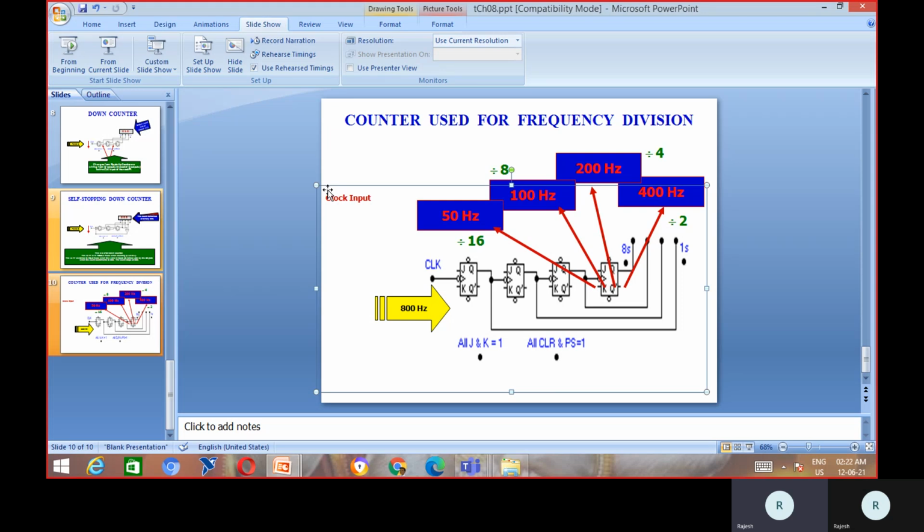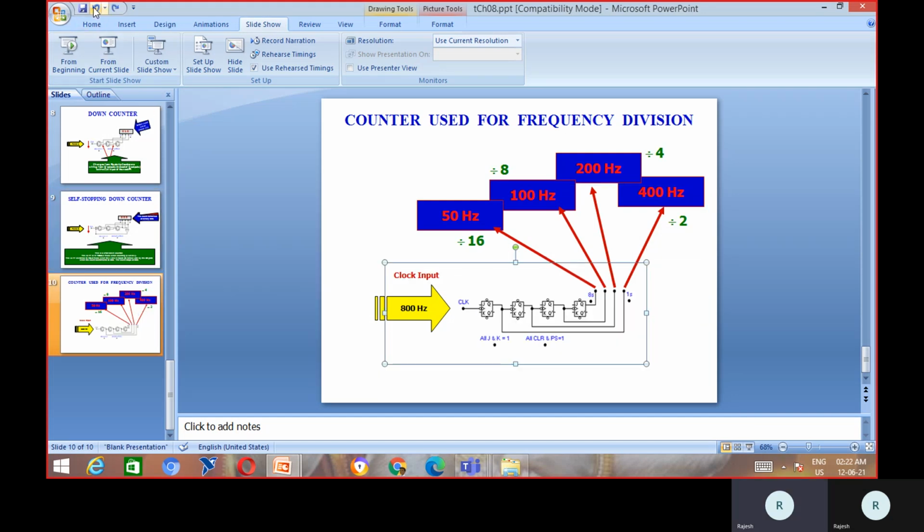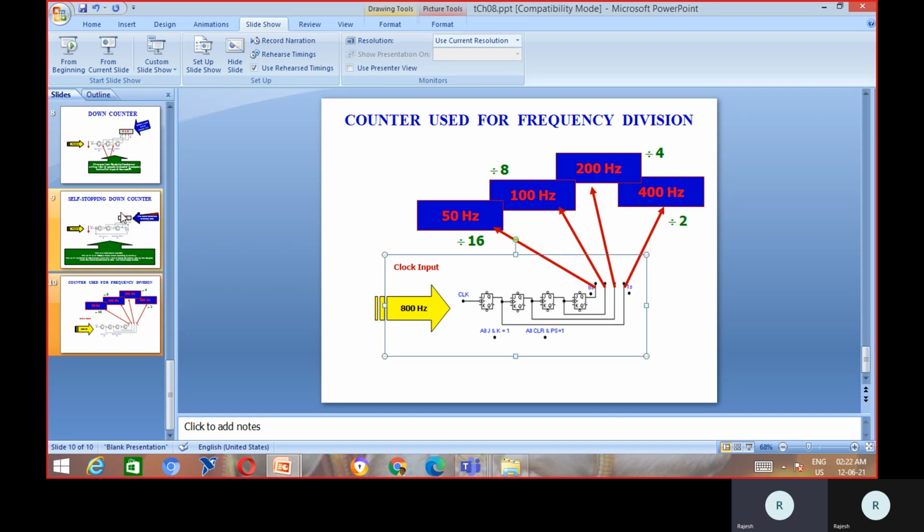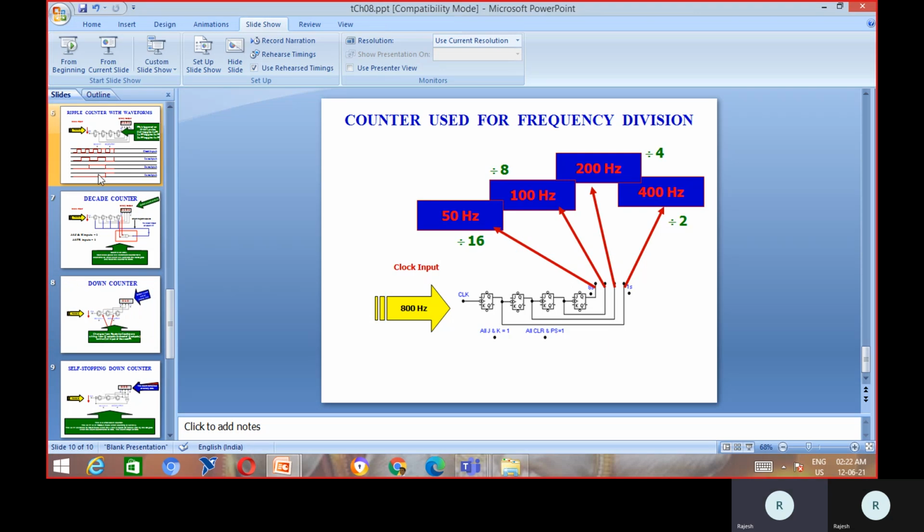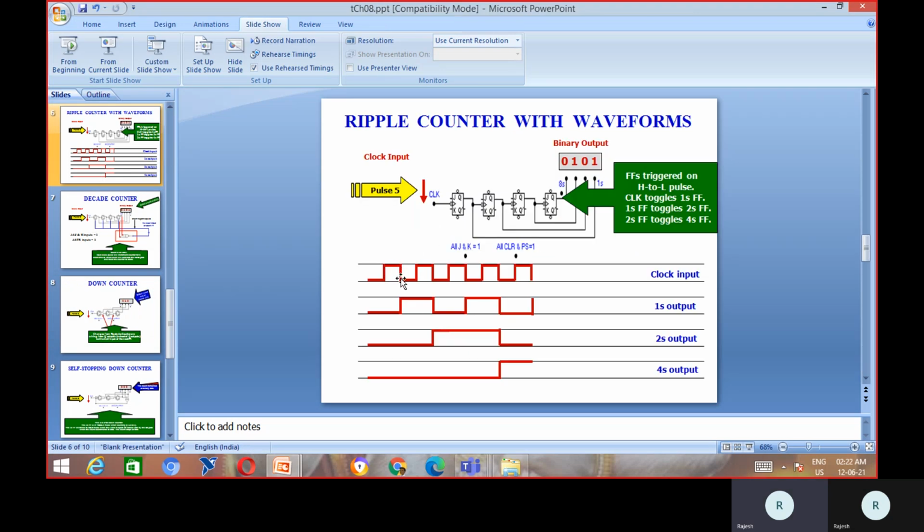And if you see, the clock pulse applied initially is 800 hertz, but as the clock propagates from one stage to another, each of the negative transitions, high to low, generates one more clock pulse.